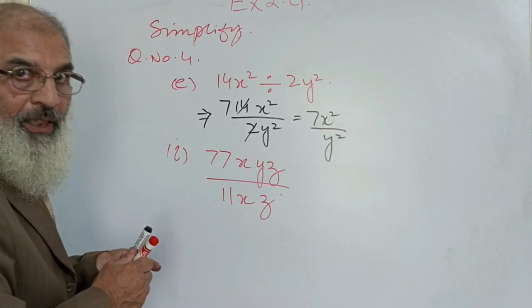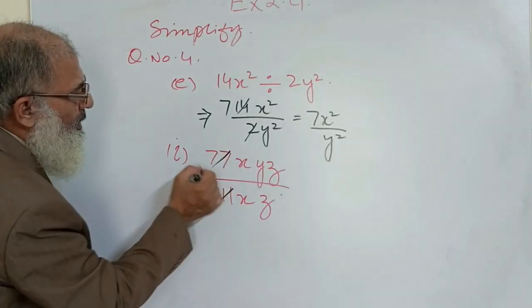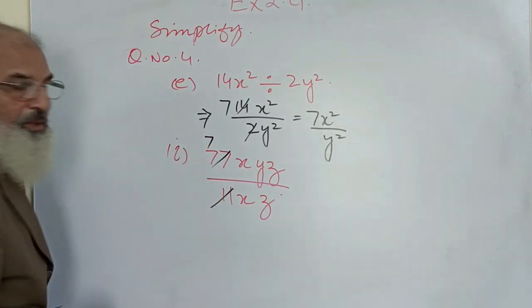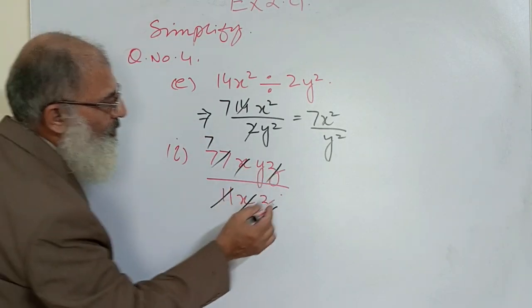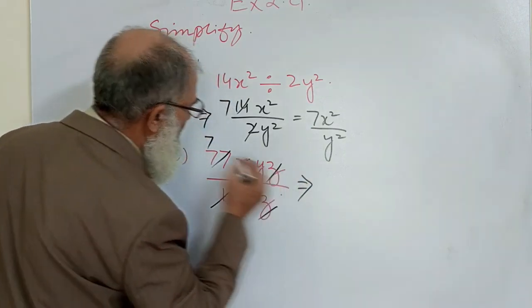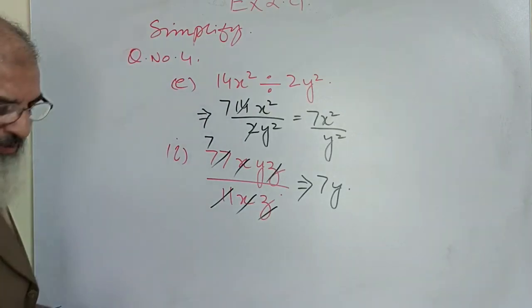Very simple, a piece of cake. Start from the 11: 7 times 11 is 77. The x cancels with the x, the z cancels with the z, and we are left with 7y.